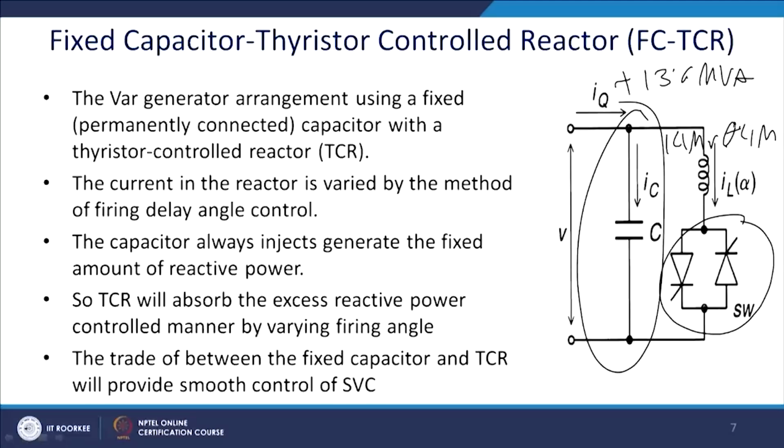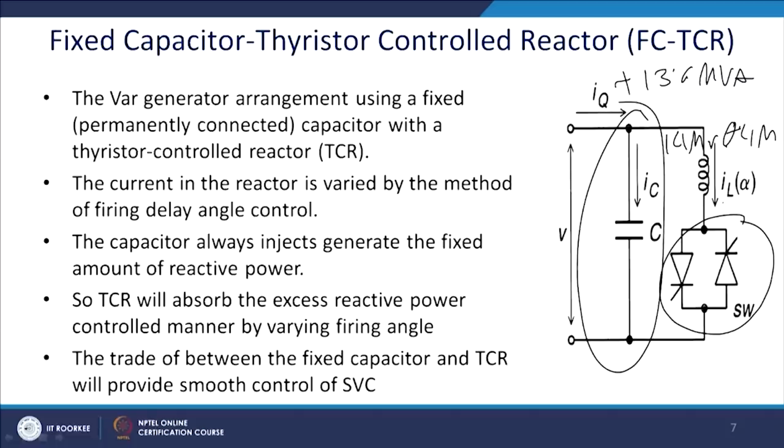So, what is the advantage of it? Simplicity. So, let us see what happens. The VAR generator arrangement using a fixed or permanently connected capacitor with a thyristor controlled reactor, TCR, has been shown. The current in the reactor is varied by the method of firing delay angle of this thyristor.